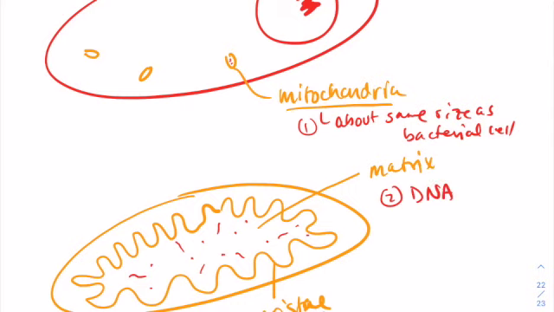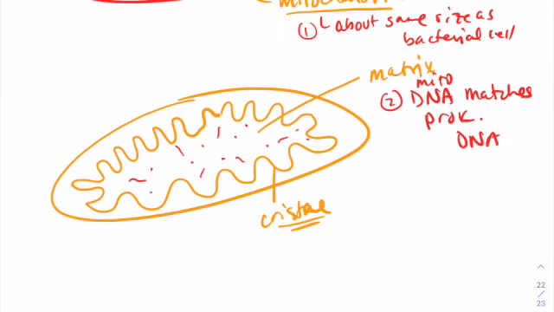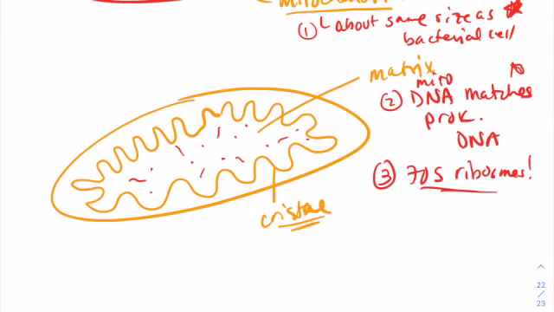So mitochondrial DNA matches prokaryotic DNA. Then someone said, this is really weird, let's look at the ribosomes, and they found out that the ribosomes are 70S ribosomes, the same size as in a bacterial cell. Their DNA matches prokaryotic DNA, and they have the same size ribosomes as prokaryotes.